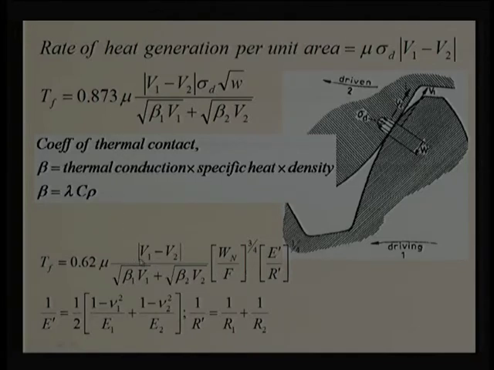So, after substituting all, what we are getting is some multiplication factor into the coefficient of friction. If we are able to find the coefficient of friction with boundary lubrication, mixed lubrication or EHL, based on that we can find out what the temperature will be. Naturally, if the coefficient of friction is 0.1, and I compare with a 0.05 coefficient, this temperature will be reduced to half.